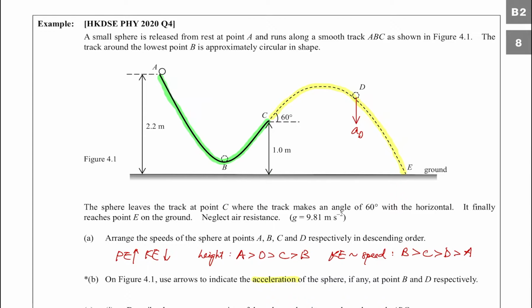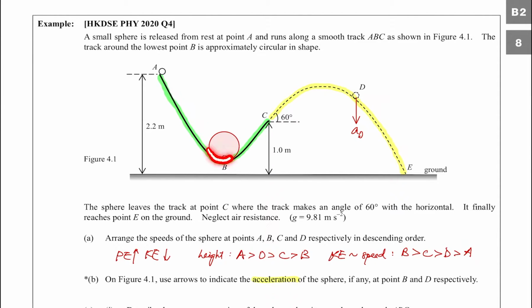Now for point B, we know that the ball is performing a motion. It slides down first, and then it goes up again. If we focus on this section, the sphere is more or less performing a turn along this circular path.